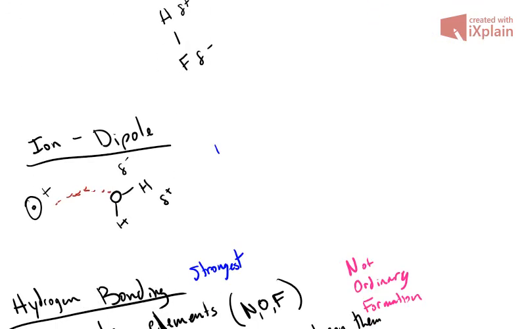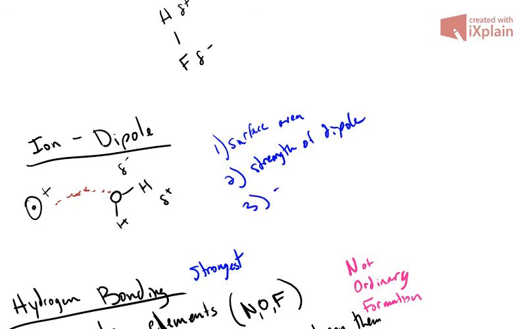This one is surface area again, strength of dipole, and strength of the ion.